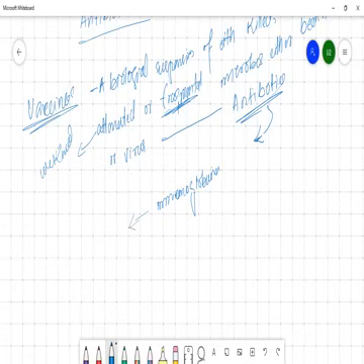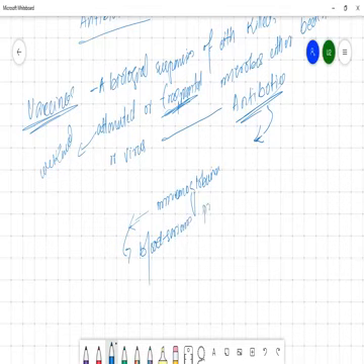I mean antibodies are blood serum protective protein. They are blood serum protective protein produced by the immune system in response to foreign materials or substances.